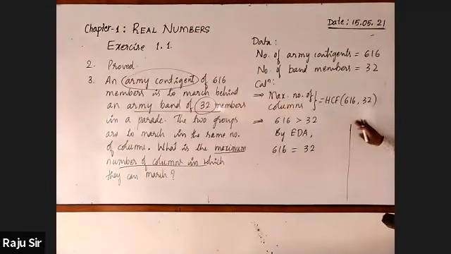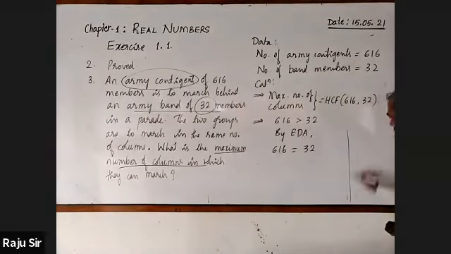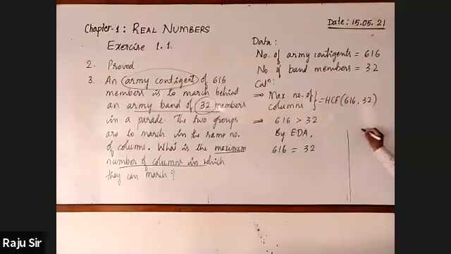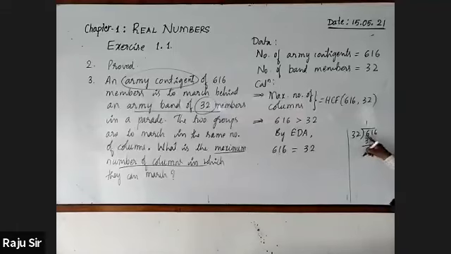Here, 616 should be divided by 32. 32 ones are 32. 61 minus 32 is 29.